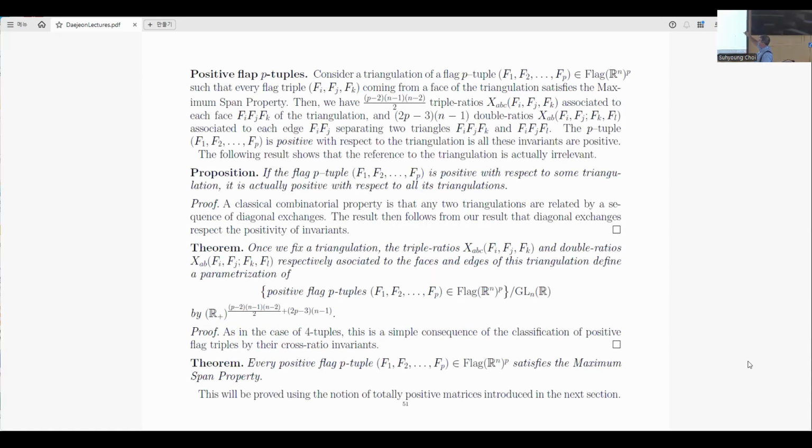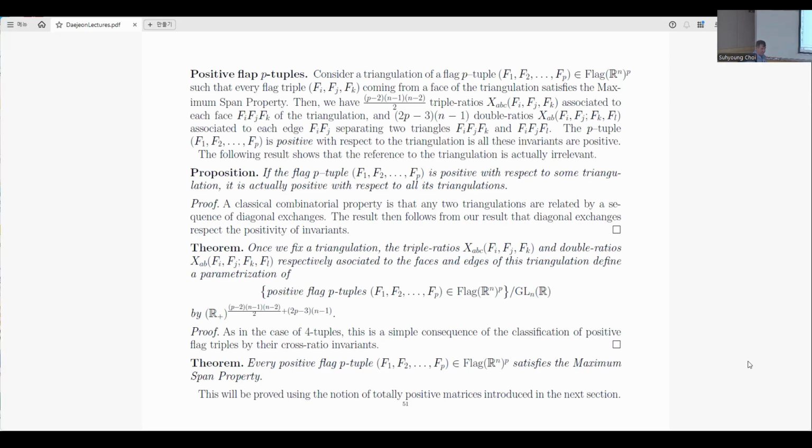And so I'm going to talk about positive flag p-tuples. So we fix a triangulation like that, like what there was in the previous slide. And we take one such that for every triangle, the corresponding flag triple satisfies the maximum span property.